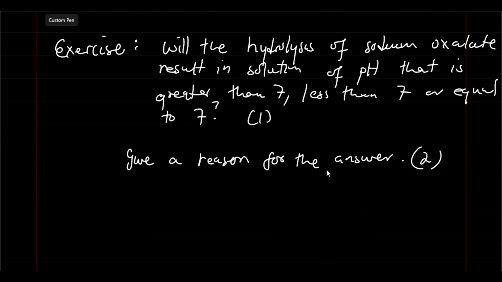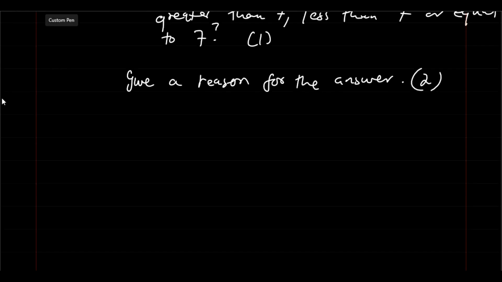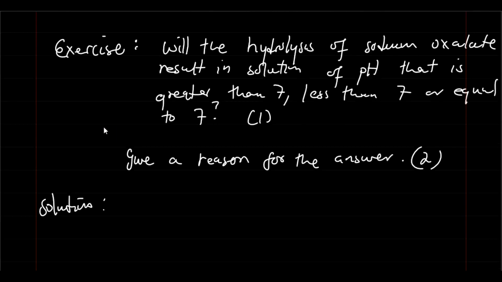Okay, you are done. So what is the solution to this? When I say solution now, I'm talking about the correction. We have to look at whether this salt results from a reaction of a strong acid and weak base, or a weak acid and strong base.